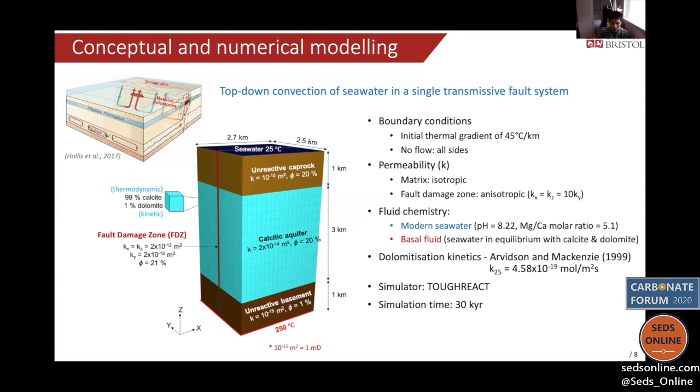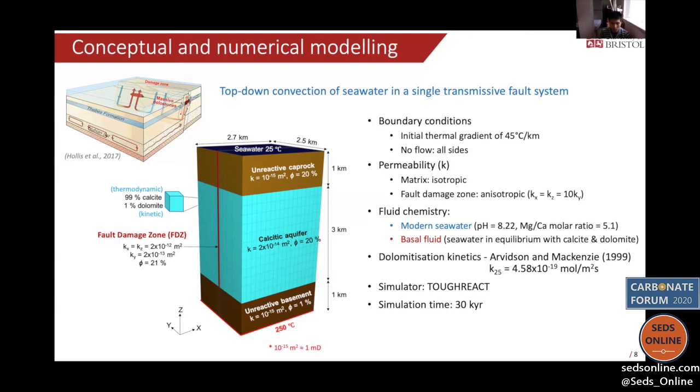The top boundary is open to the exchange with overlying seawater at 25 degrees Celsius, and the basement of the model is set at 250 degrees Celsius. So this gives an initial geothermal gradient of 45 degrees Celsius per kilometer. The cap rock and the basement are unreactive, and the aquifer is calcitic with only 1% of dolomite, which we will model as a kinetic mineral.